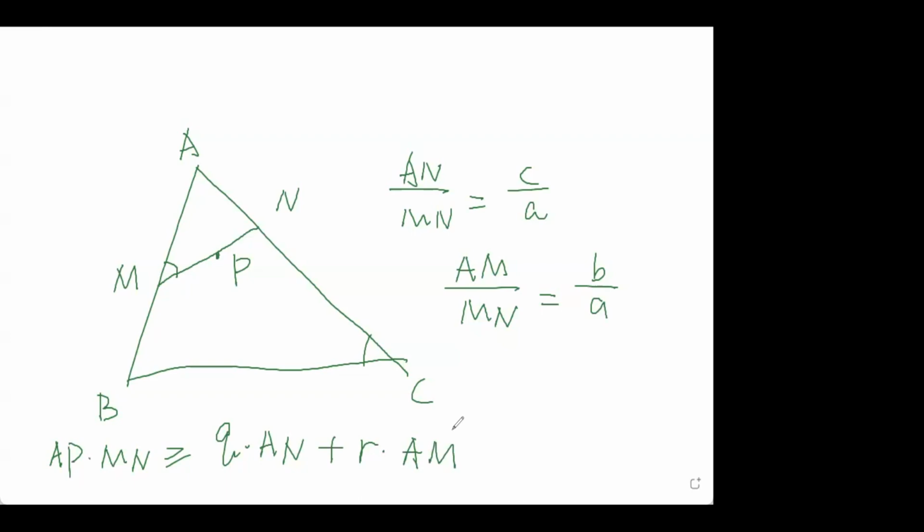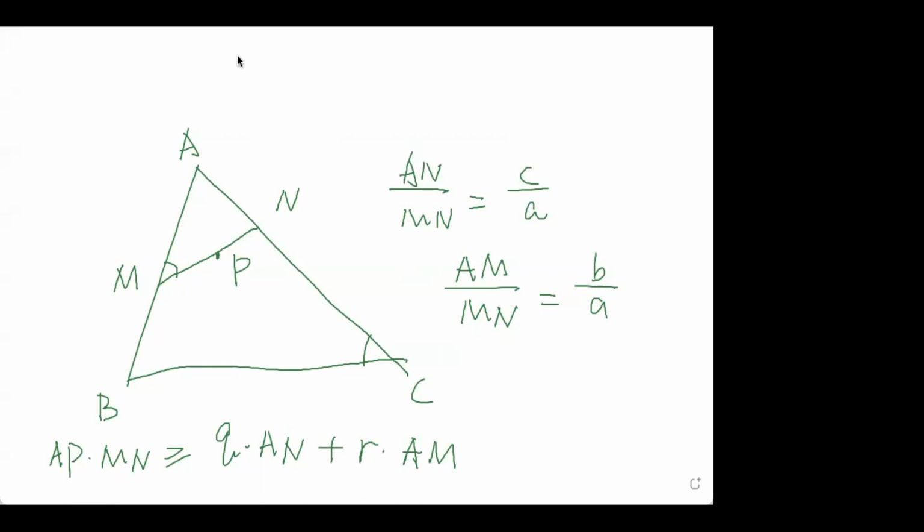So the inequality holds because of the area relationship. We just get rid of MN from both sides, and we have AP bigger than or equal to Q times AN over MN plus R times AM over MN, which is what we get from the ratios of AN over MN and AM over MN.